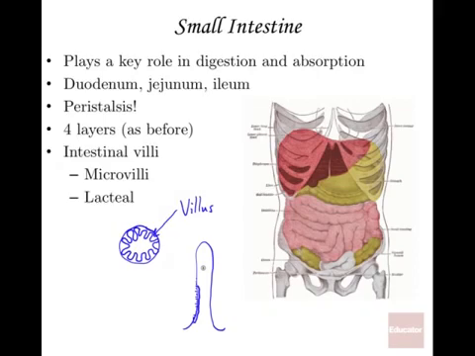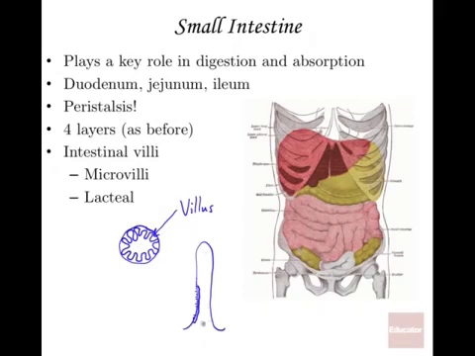That's amazing to think about, that that's all in your small intestine. So each of these villi have microvilli that further increase the ability to break down chemically the chyme, the digested food that's coming in, and to absorb it effectively into each of these villi.